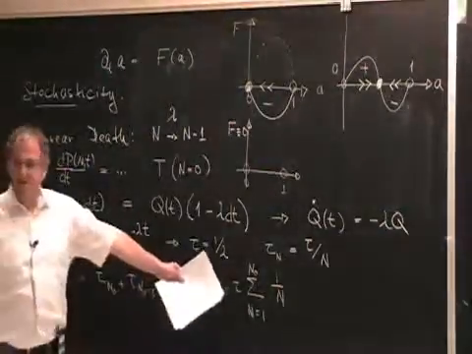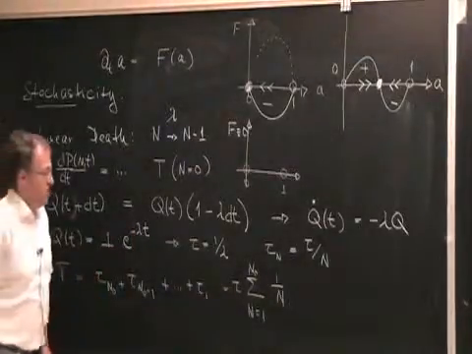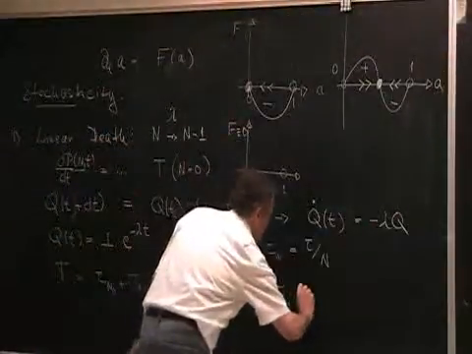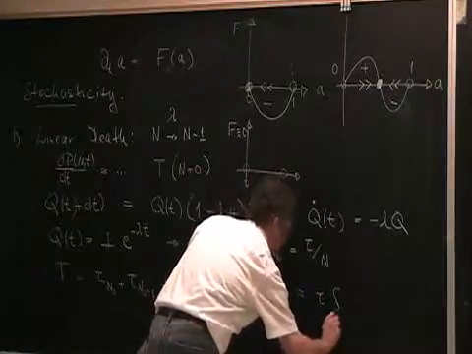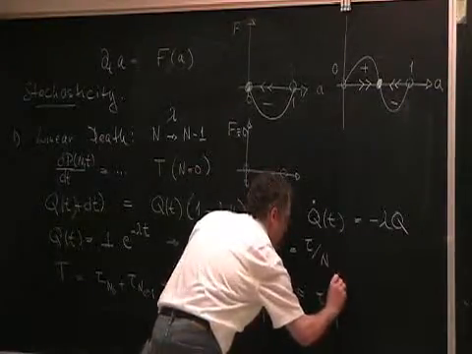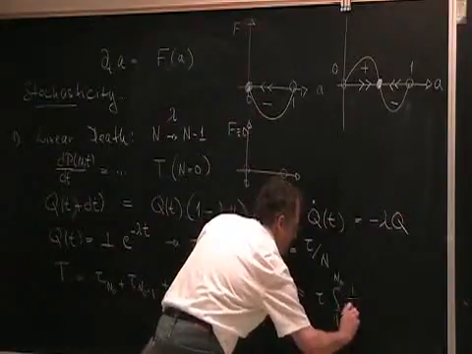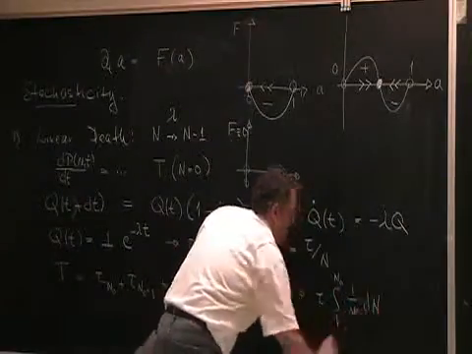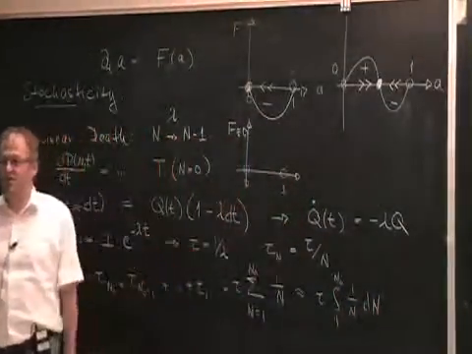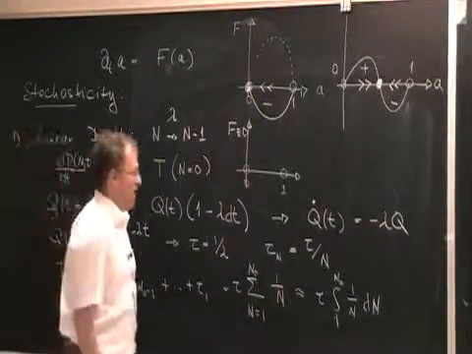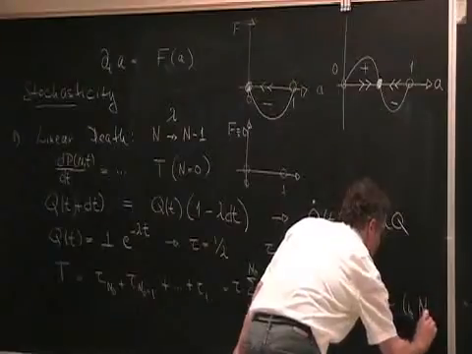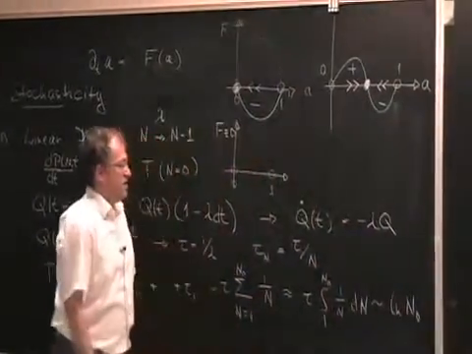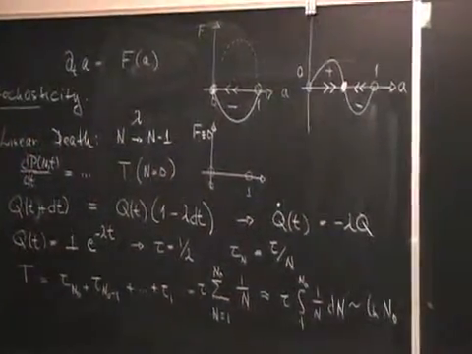Of course, you can sum this exactly. This is something known, but all we need here is an approximation. So I replace this by an integral from 1 to n naught, 1 over n dn, and you see this integral is the logarithm of n naught. That's one very important conclusion.